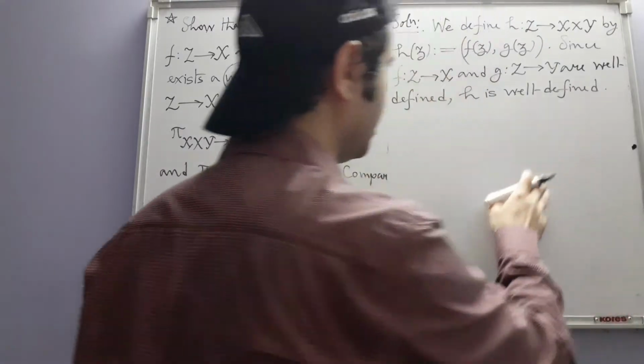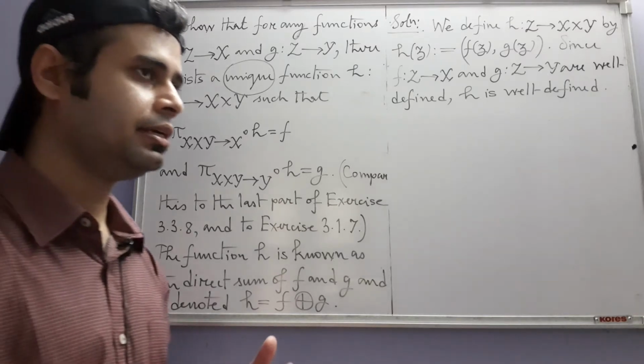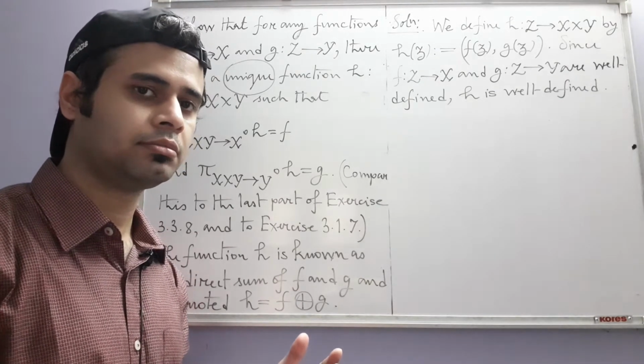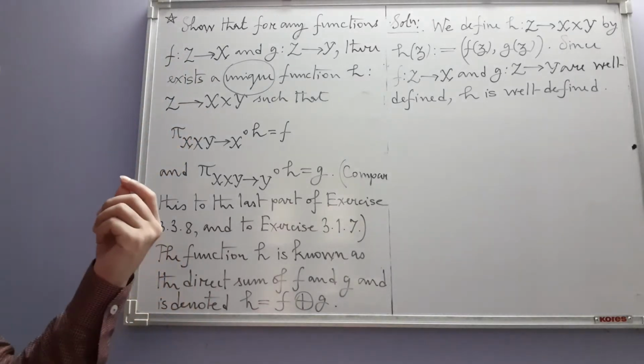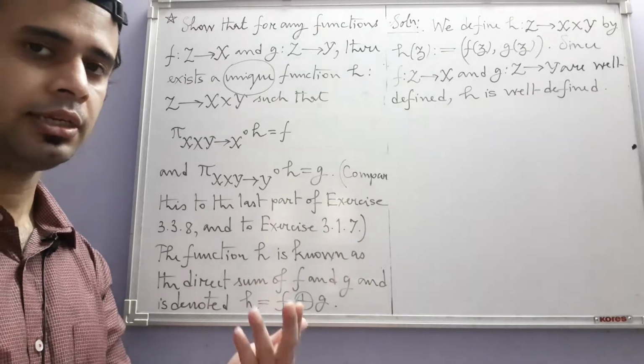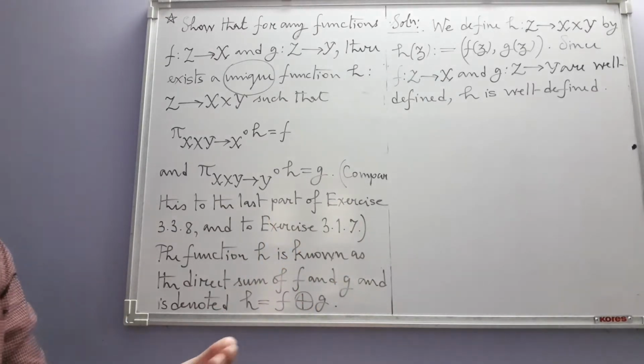Keep in mind that whenever you are defining a function, after defining that function you have to always see or demonstrate its well definedness. If it is something very easy, it has been defined in terms of some other well defined function, and its own well definedness follows easily from that, sometimes it's not necessary to mention that it's well defined, it's almost obvious.